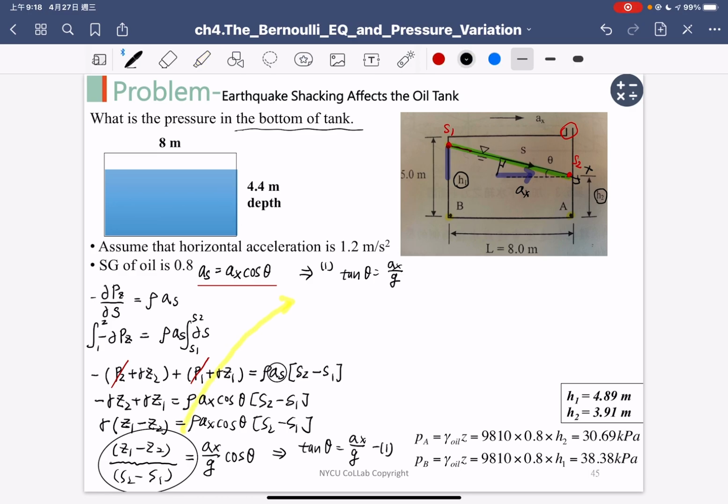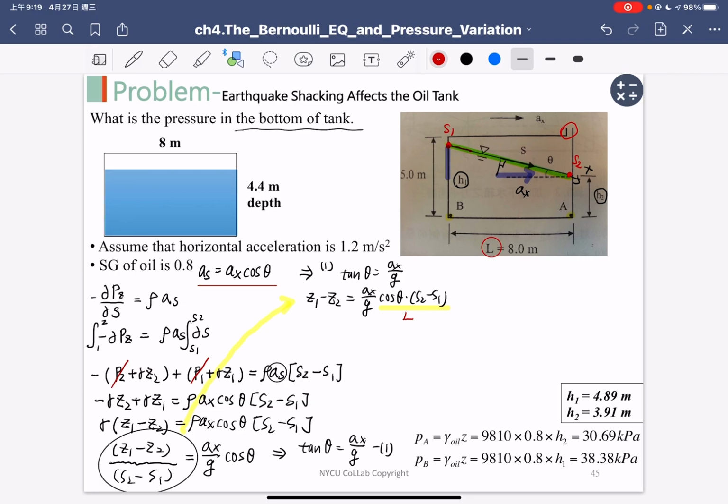We know that D1 minus D2 will equal AX divided by G and the cosine theta multiplied by S2 minus S1. S2 minus S1 is a line along the liquid surface, and when we apply the cosine theta, it will equal the length L, right? And then we need to know how large L is.